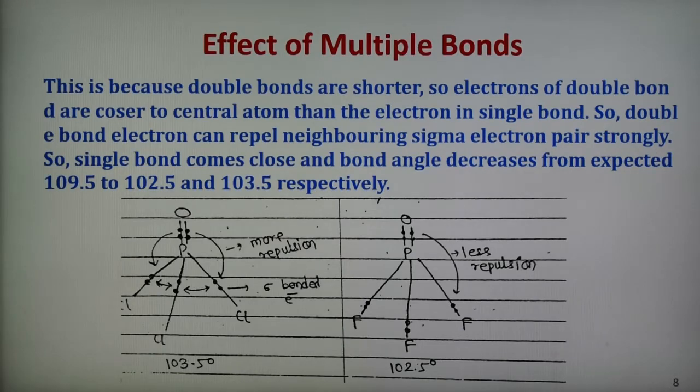So this is tetrahedral, but the bond angle is not 109.5 degrees; it is 102.5 and 103.5 degrees. The bond angle decreases compared to the expected tetrahedral bond angle.